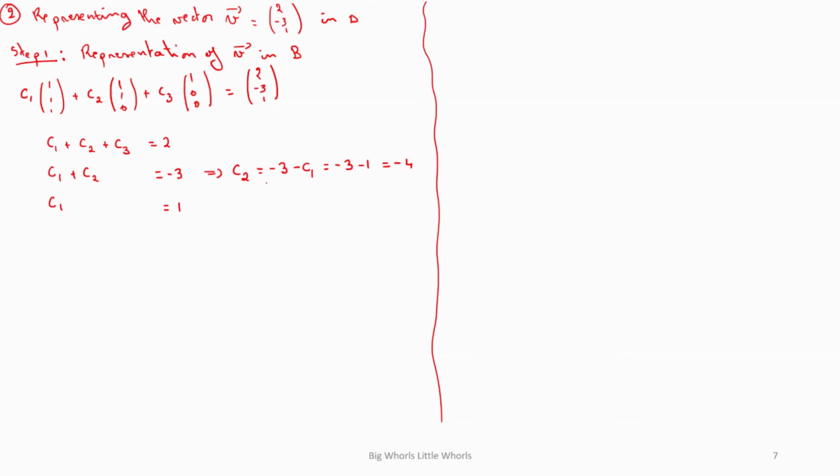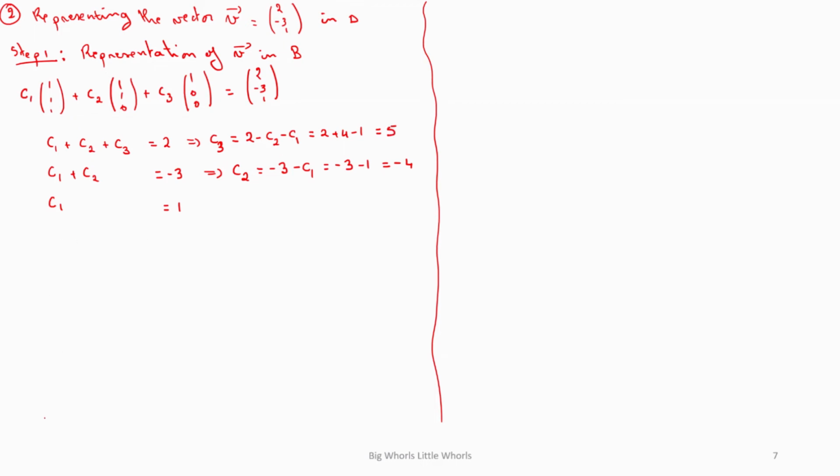And C3 equals 2 minus C2 minus C1, which is 2 plus 4 minus 1, so C3 equals 5.